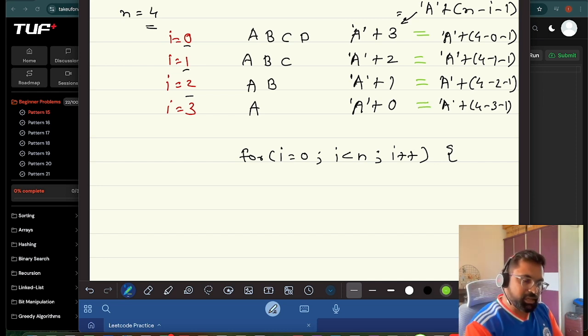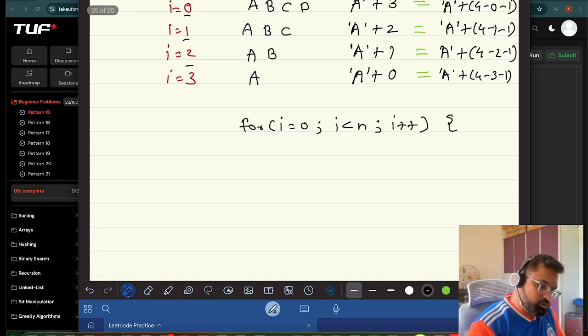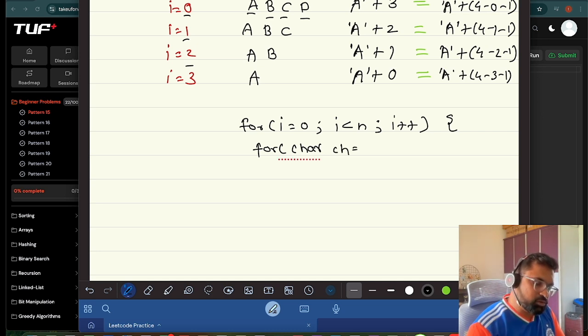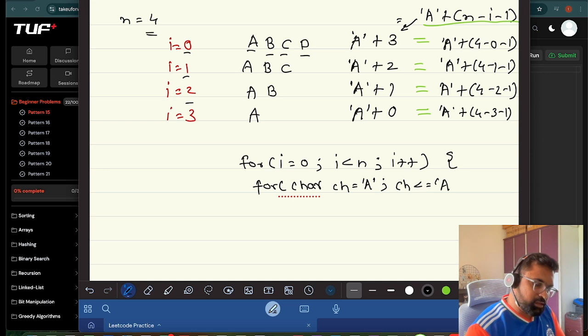So we can make use of this particular condition in our loop, and the loop will be of characters because we want to print characters here, right? char ch equals A, then ch is less than or equal to this formula, A plus n minus i minus 1, then ch plus plus.